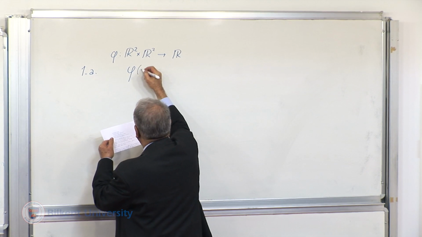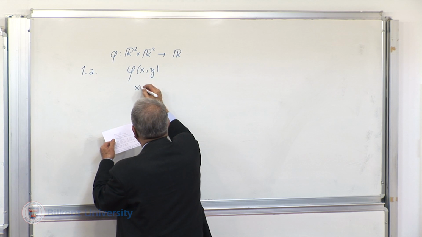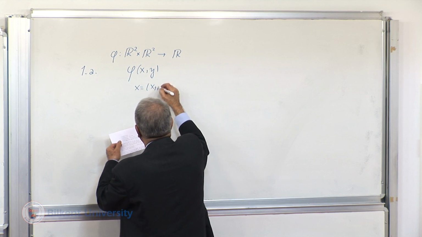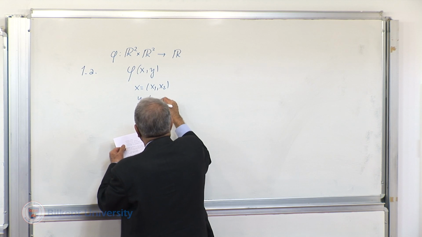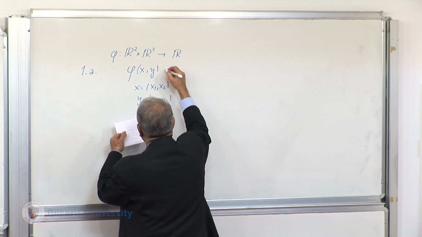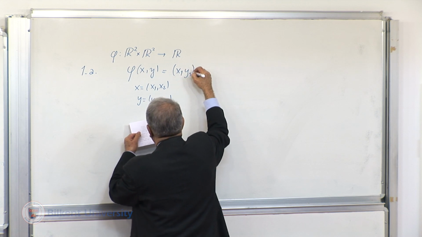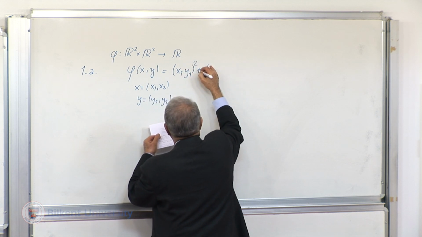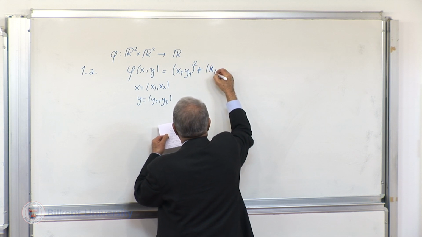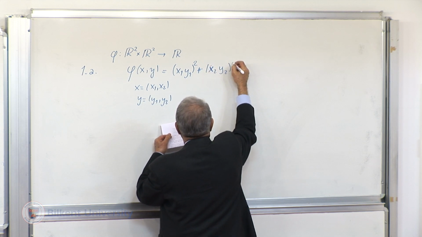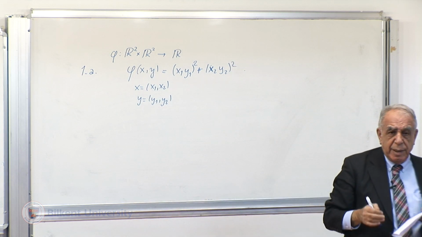It's given by phi(x,y), where x is (x1, x2), as usual, and y is (y1, y2). And this is defined as (x1 y1)^2 + (x2 y2)^2. Is this an inner product?